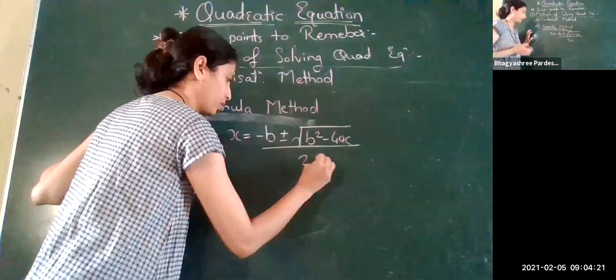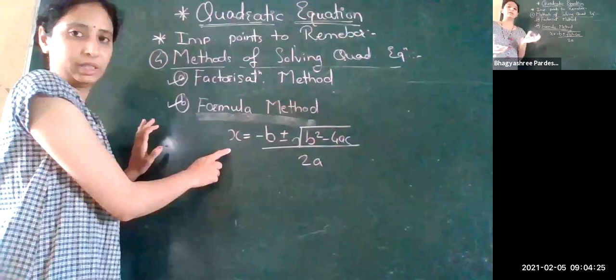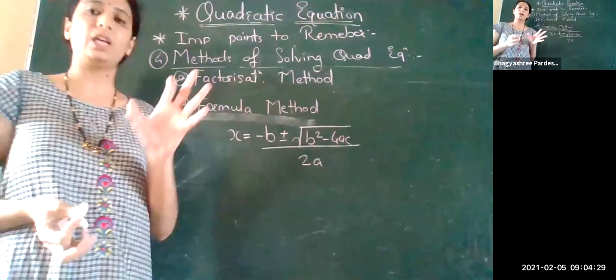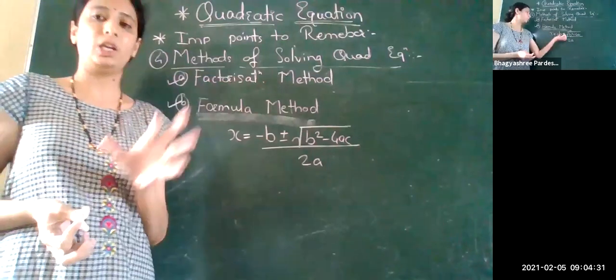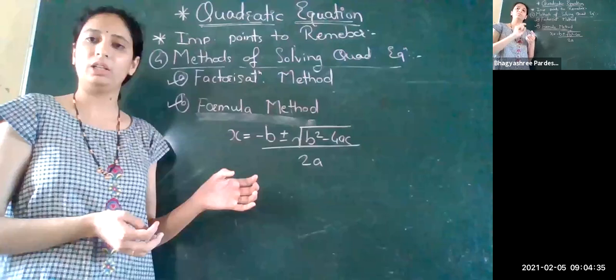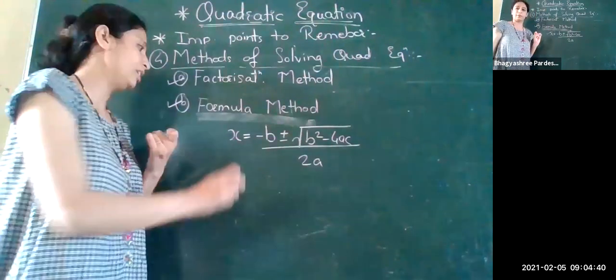For the average student, I am saying, just remember this formula. If you are given any quadratic equation and asked to find the solution, and the method is not mentioned, directly choose this method.